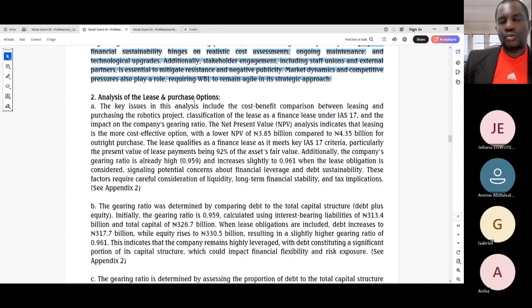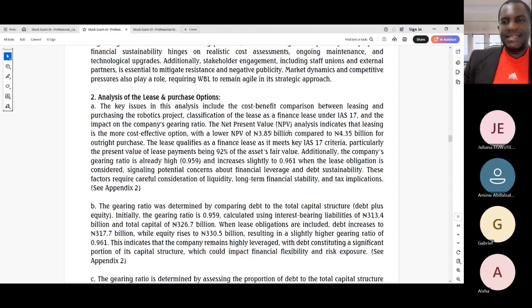So from the professional tools, you want to start using the methods of analysis. Now in the first point of this main header, we're looking at the key issues on the cost benefit between leasing and purchasing the robotics. So we said from the NPV, the lower NPV of 3.8 billion compared to the 4.3 billion for outright. So this 3.8 billion is for leasing, while this one is for purchase.